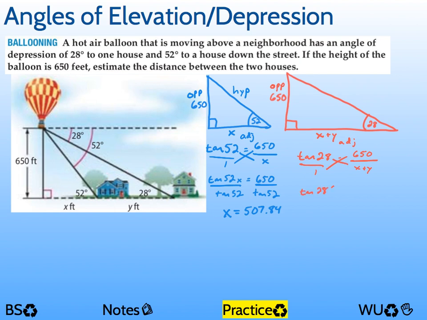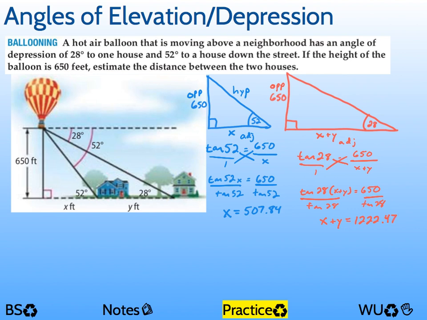Tan of 28 times x plus y equals 650. Divide by tan 28. And we get that x plus y equals about 1,222.47.